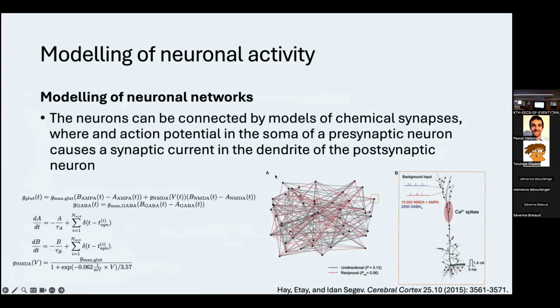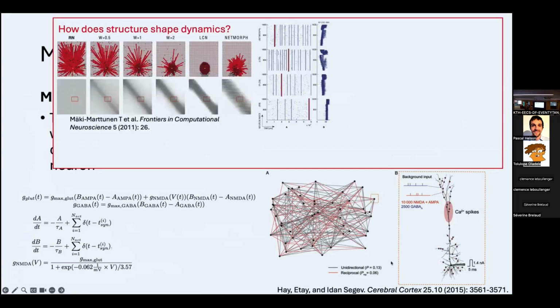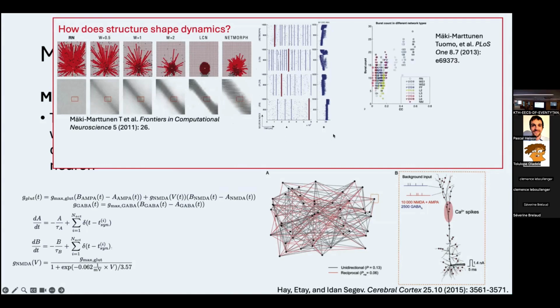I should also mention, inspired by David's talk and other talks I've heard here, we have also previously studied how the structure shapes the dynamics in this. So here we used point neuron models. But what we did was to generate different types of network topologies and then test which features of these networks are really important in shaping the dynamics.